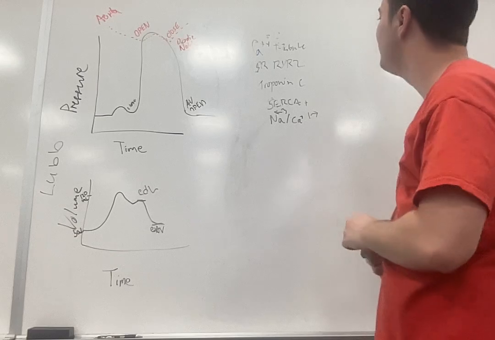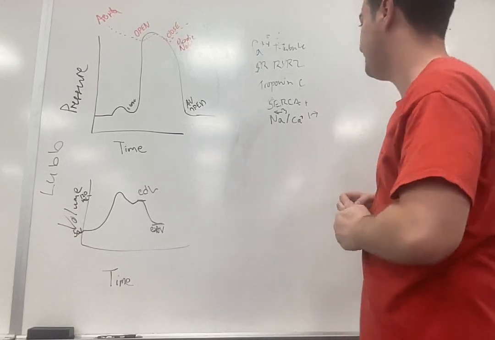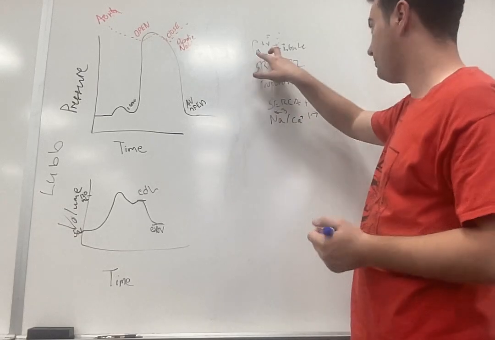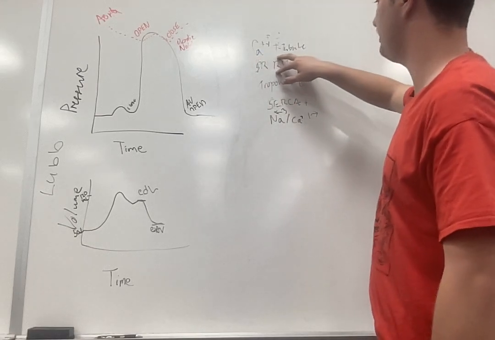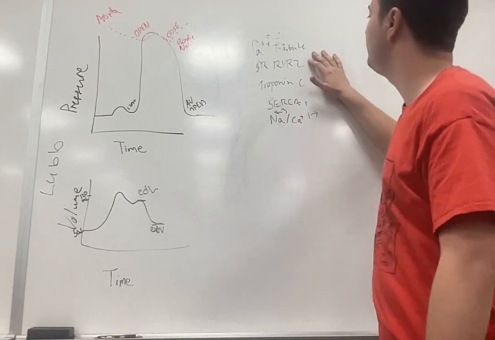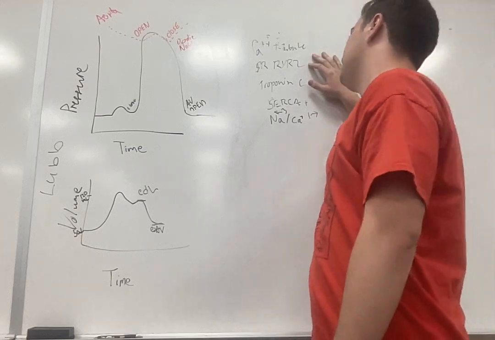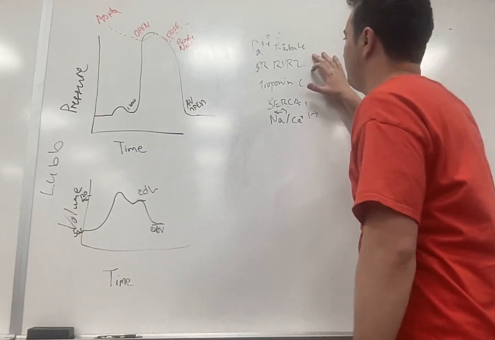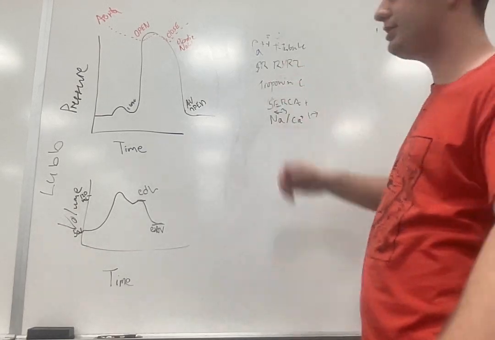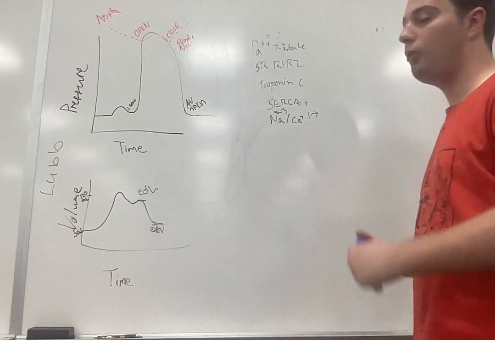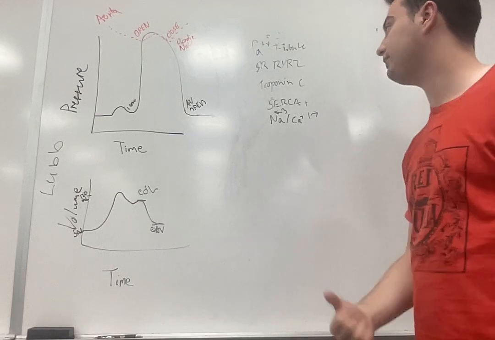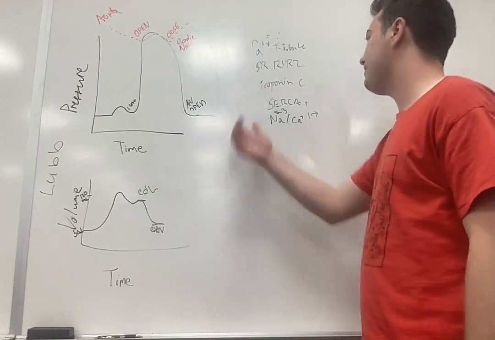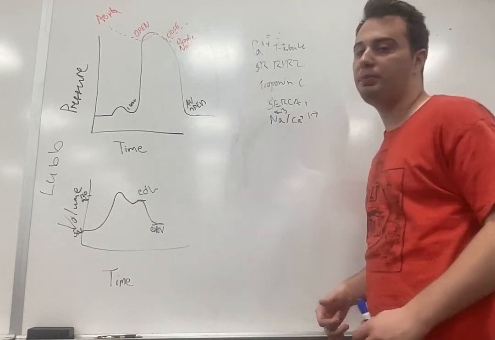These calcium channels' main job is to get inside the cardiomyocyte and open up the sarcoplasmic reticulum and the ryanodine channels here, and it dumps a ton of calcium in.